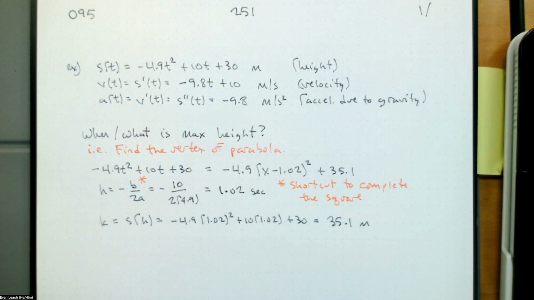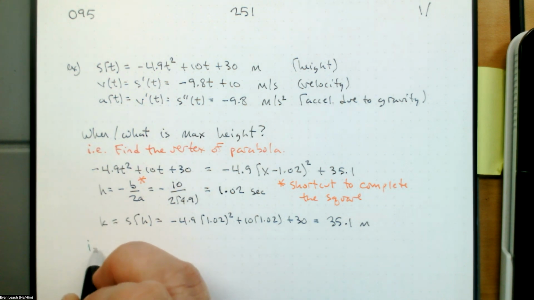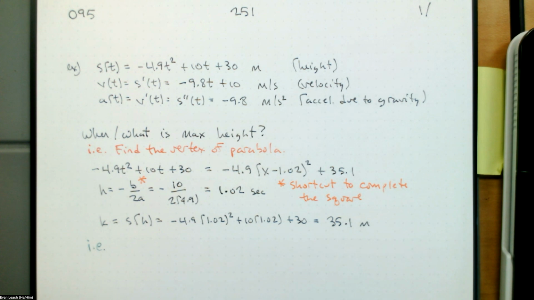But from a calculus standpoint, we know that we're looking for a local maximum of the function, which means we want to take the derivative, set it equal to 0, and solve. So an alternate way of framing this question is to find a local maximum of our position function. Another way to think about this, I should answer the question.